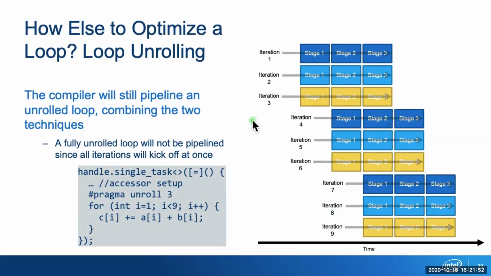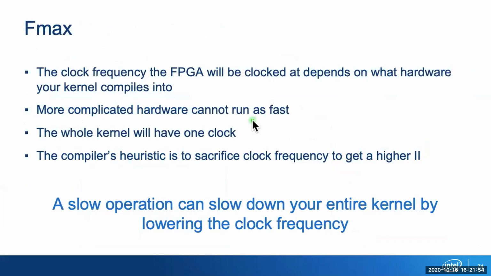So we also mentioned the loop unrolling stuff, and the frequency, Fmax, which is the maximum frequency of working on the FPGA. Maybe a slow operation can slow it, maybe not.